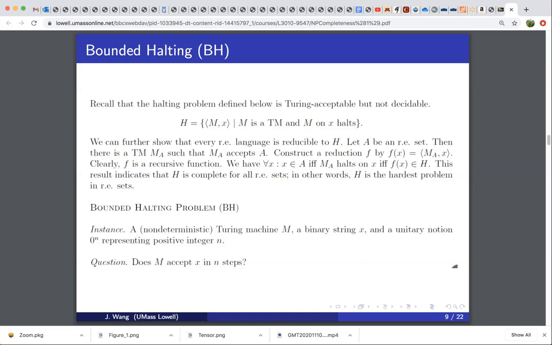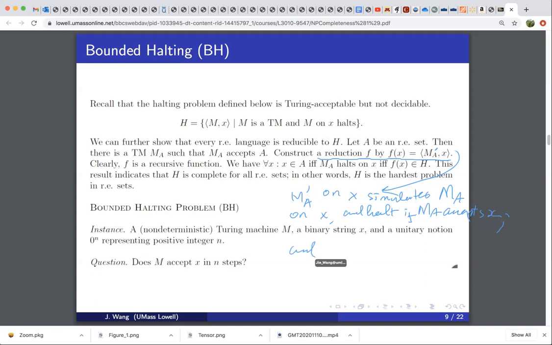We construct a reduction to MA prime, where MA prime simulates MA on X, and halts if MA accepts X, and loops otherwise.